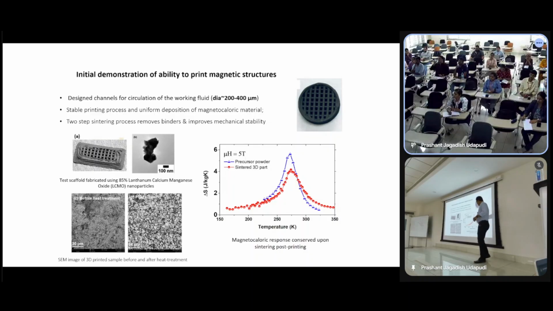The sintered part has slightly lower magnetocaloric effect compared to just the powder, okay? Which is as expected because the sintered part has some binder material left, and the precursor is pure material without any binder, okay?